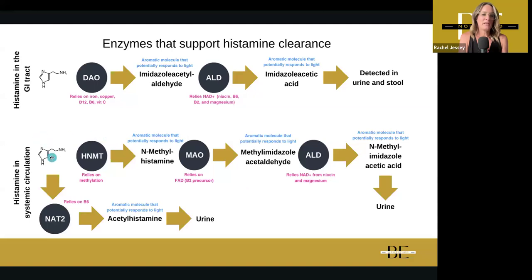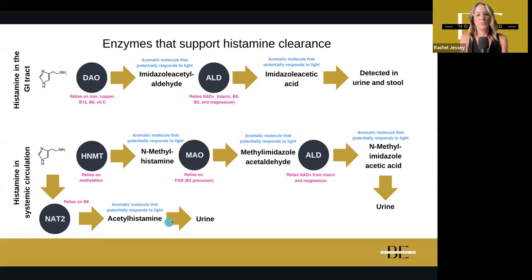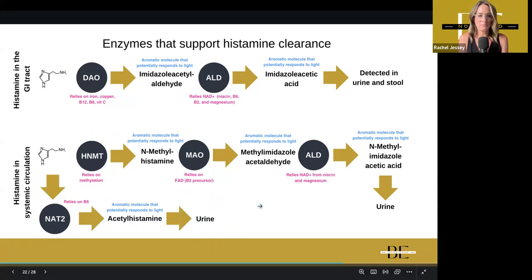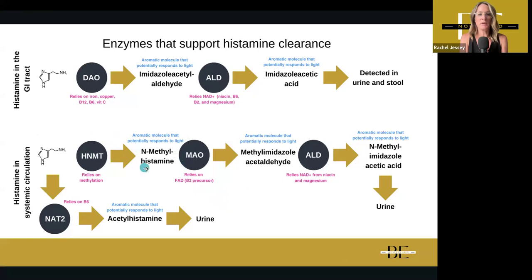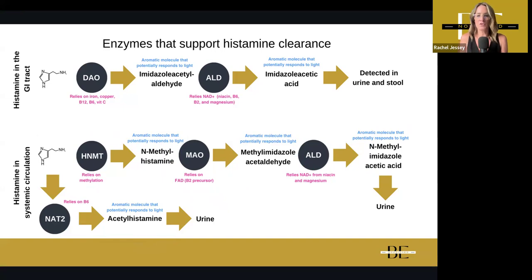The other pathway that histamine can go down is the NAT2 pathway. And again, that relies on vitamin B6. And this will go through into the urine and be removed from the body there. But again, you can see these molecules produced from histamine detoxification are all aromatic. So again, it is likely that they are all able to respond to ultraviolet light.